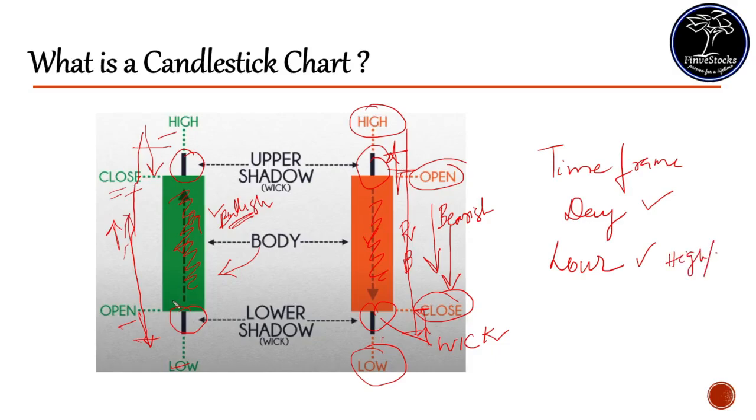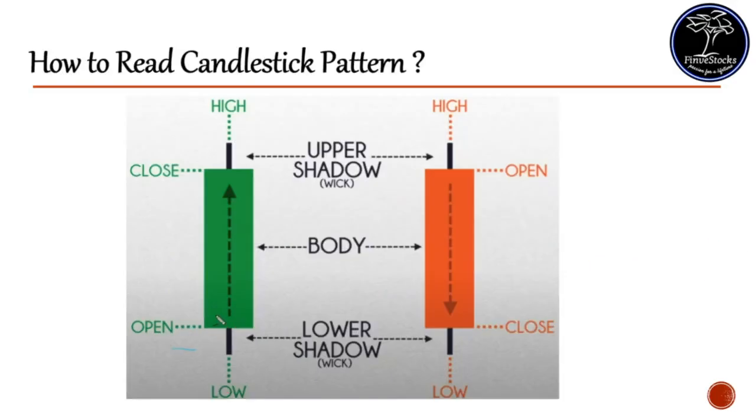Now let's see how to read a candlestick pattern. There are four price points in a candle. First one is the open point, then comes the low point, then the high point and the close point. Typically, these 4 points are used to represent a candle. Normally, there are two types of color patterns in a candle. First one is the green candle and second one is the red candle.